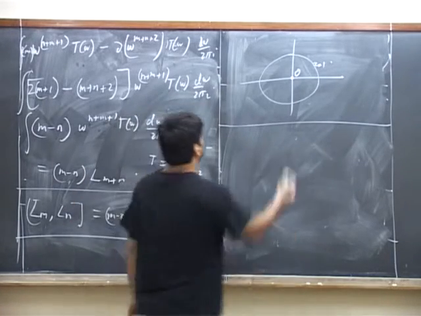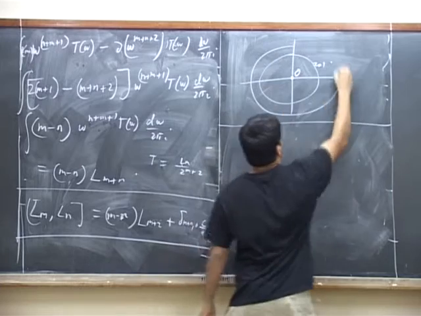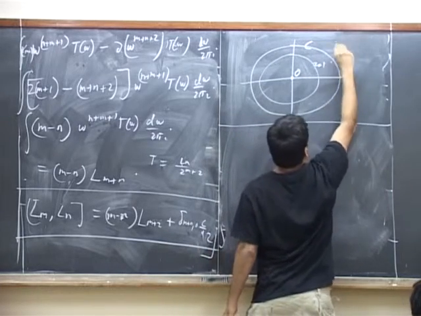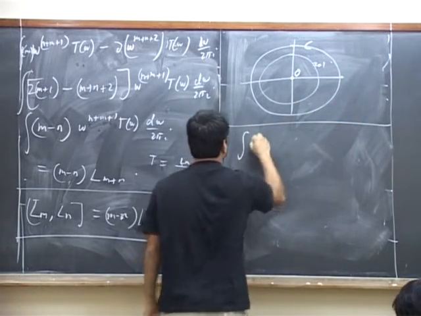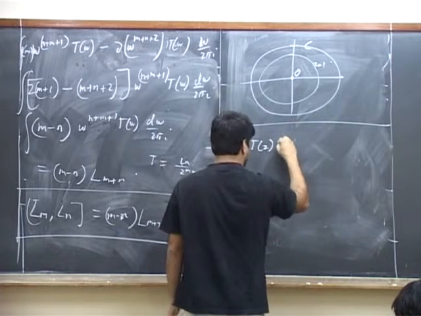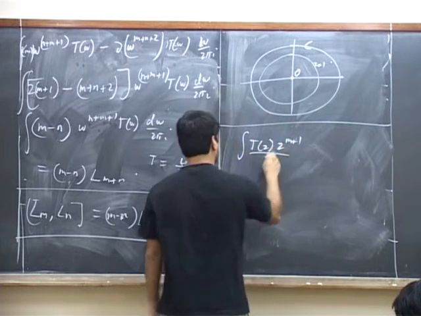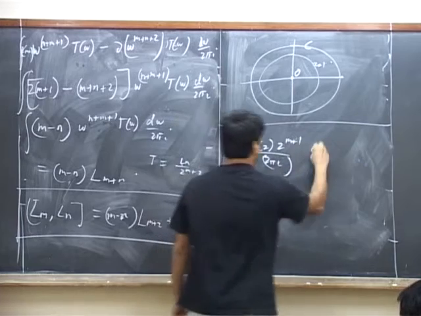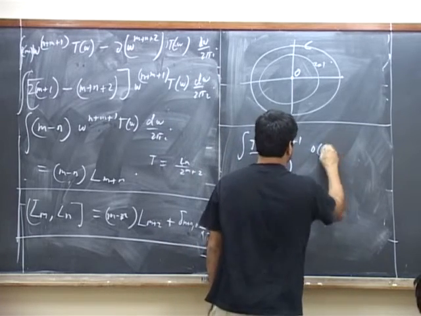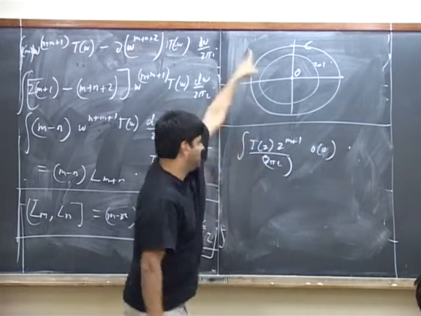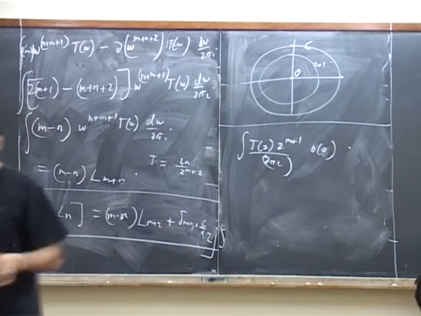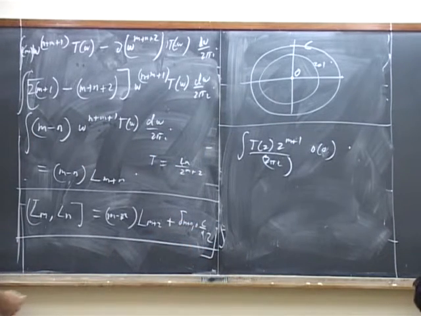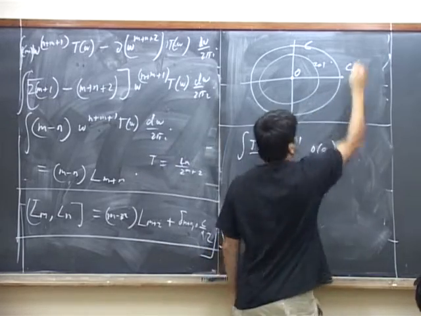Well, if I want to act with L_m on the state, I should act with the operator of 1 over 2 pi i times the integral of T(z) z^(m+1) dz, where this integral is taken over this contour C. What is C?